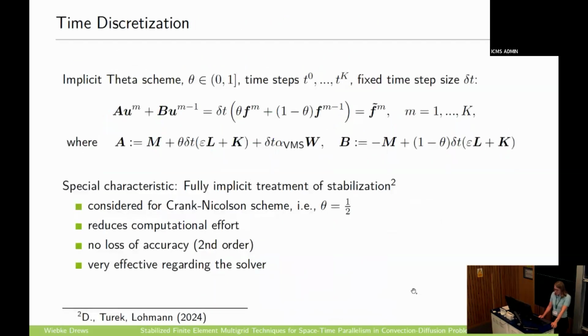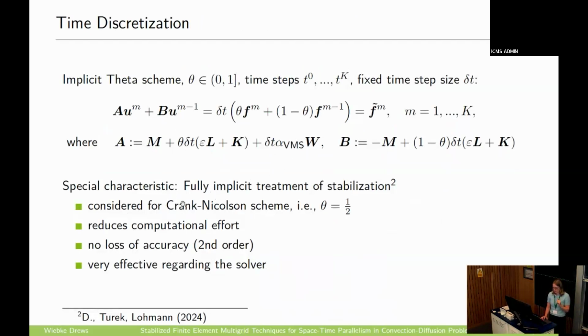Okay, so I haven't talked about time discretization yet, so we will come to that now. We use the implicit theta scheme so that we have a linear one-step method. We have the implicit part in matrix A and an explicit part in the right-hand side here. A special characteristic that we studied is to treat the stabilization term fully implicit.